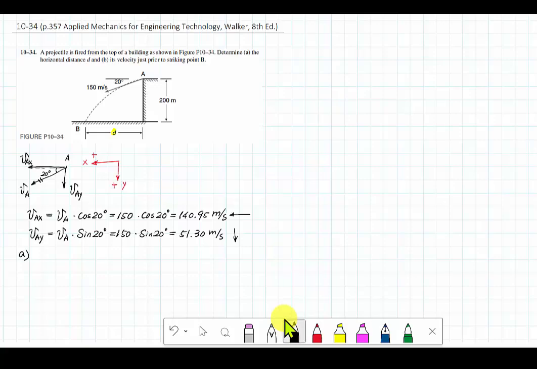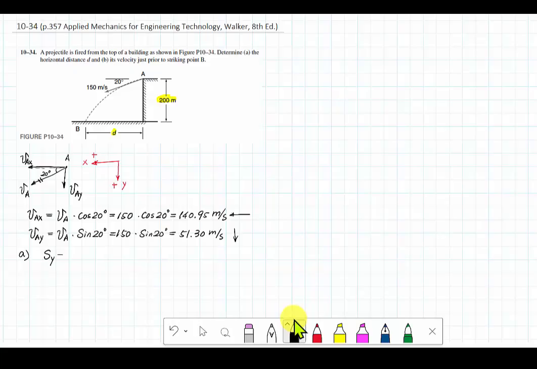So how can we get the travel time? We can get it from the y direction, which has a displacement, and that displacement is 200 meters. So we're going to start from the y displacement, SY.